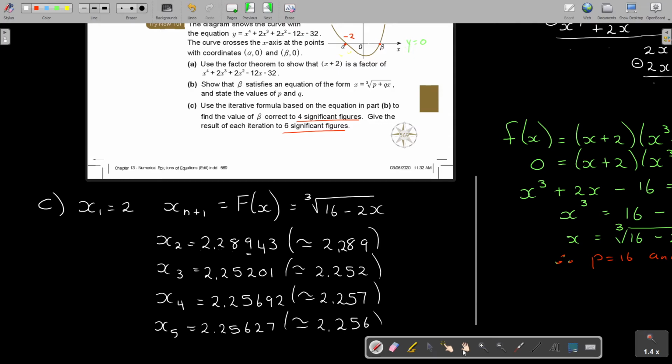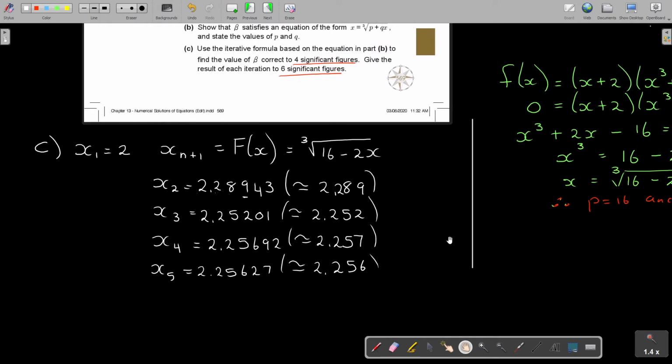Then I go for my next one. It must be consecutively the same. Don't forget your equals. So it's 2.25636, and that's 2.256.